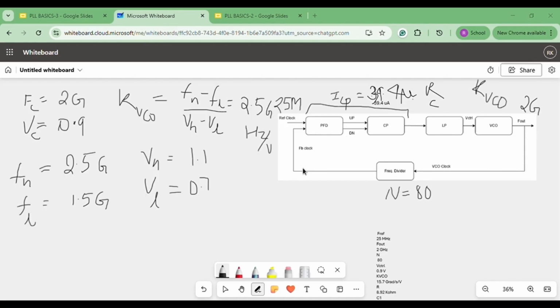So here what we'll do first: basically every design has one supply and one ground. So we will keep it as a DC voltage of VCC.